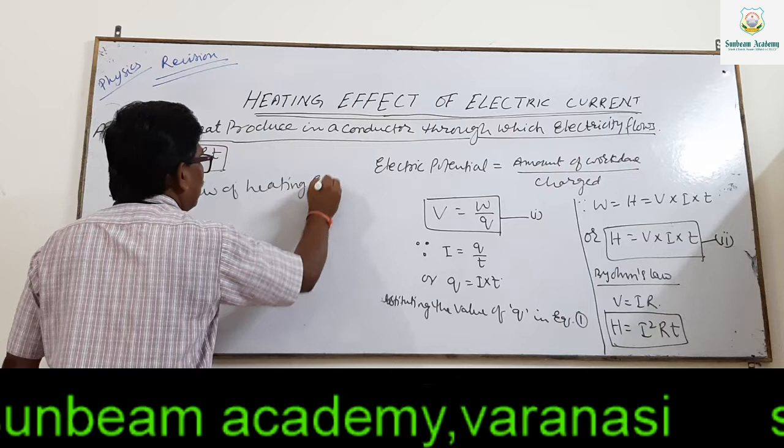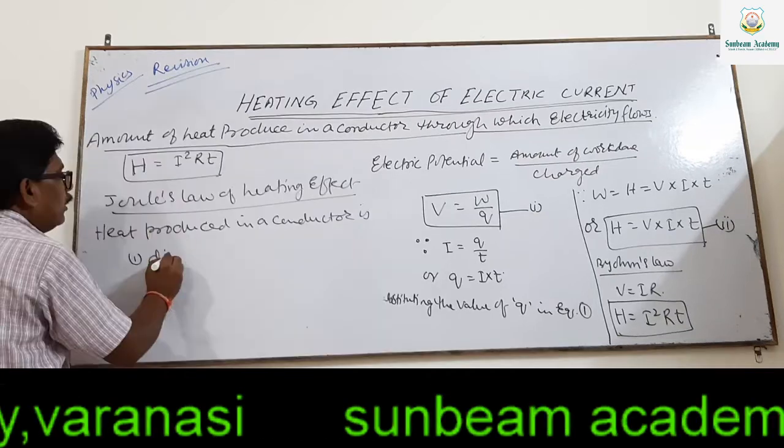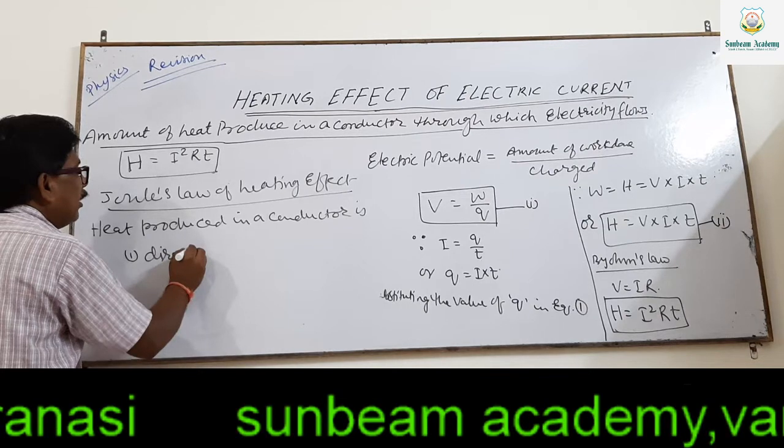Heat produced in a conductor is, first, directly proportional to the square of current flowing through it.